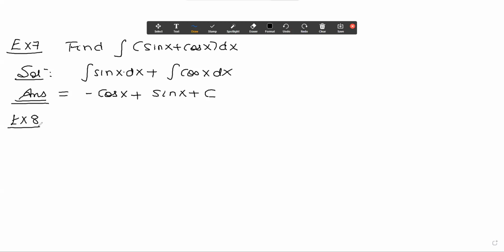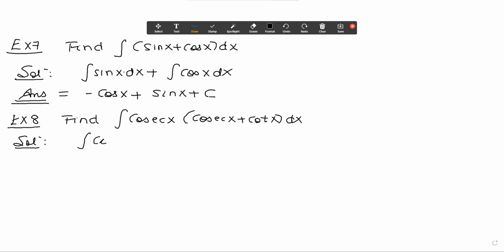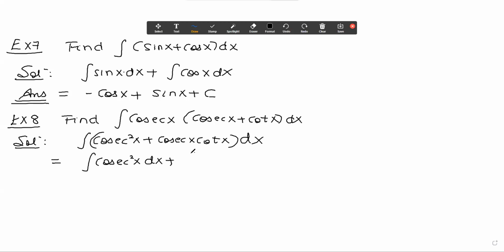Example 8. Find the integral of cosec x into (cosec x plus cot x) dx. So first I can open up the brackets: cosec square x plus cosec x cot x dx. This will be integral cosec square x dx plus integral cosec x cot x dx.